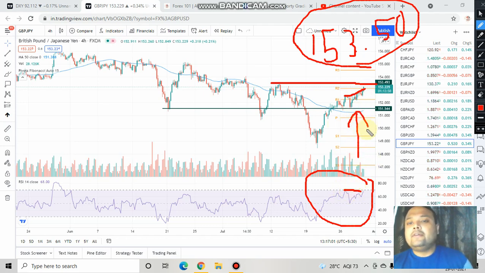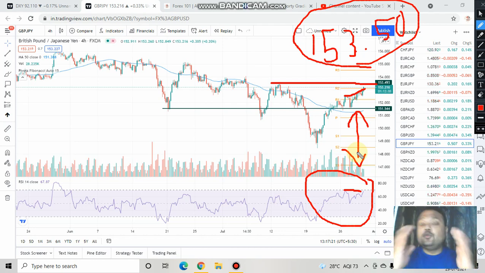Whenever we get a divergence like this, there is a possibility that the price will fall or the market will come down. The risk to reward ratio is also not in your favor. There are several factors that clearly point out that this is not the right time to go for a buy.